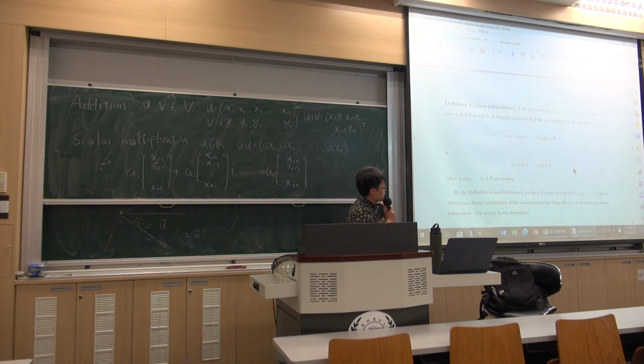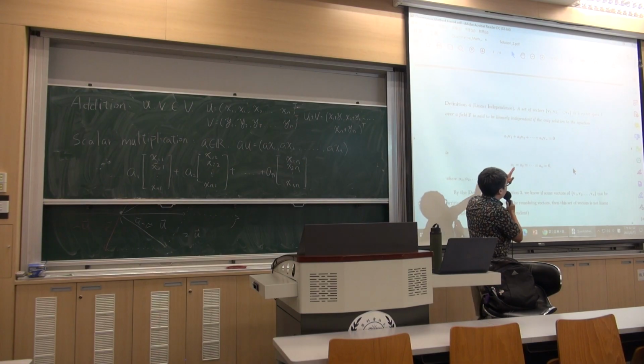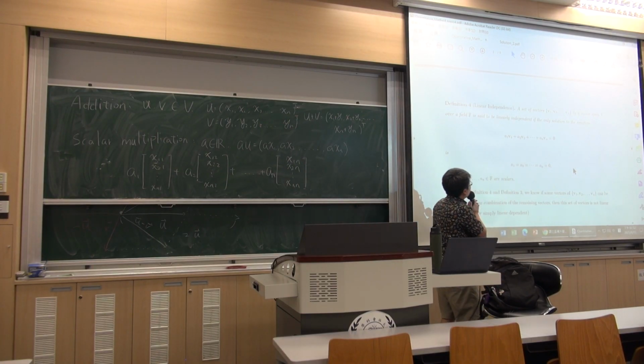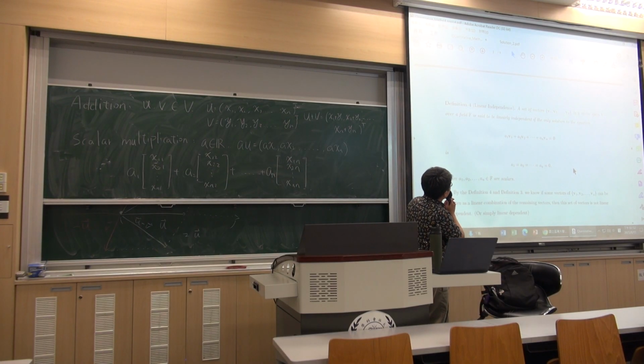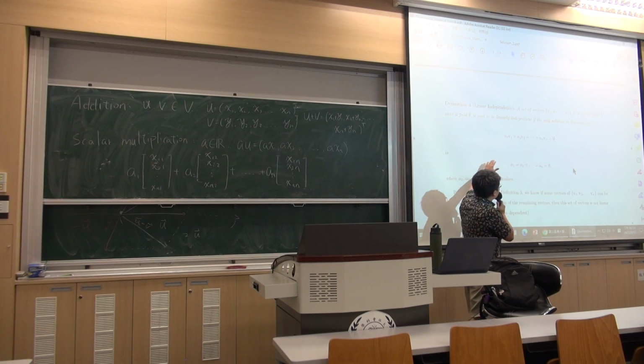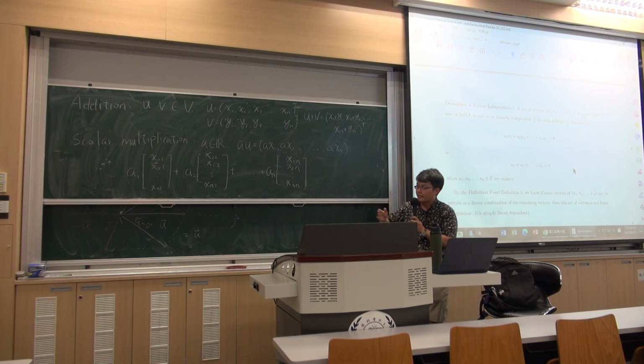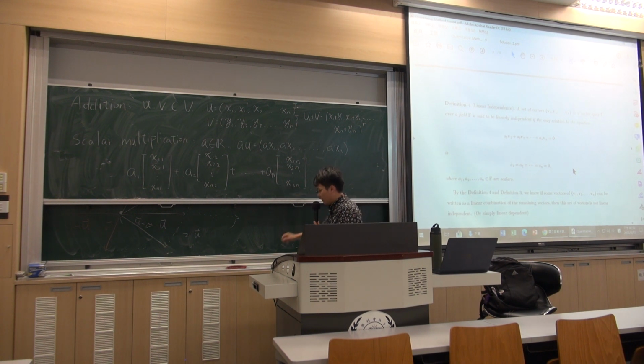And then is the definition of linear independence here. So what is linear independence? If we have a set of vectors, say from V1 to Vn, and we try to solve this equation, meaning that you write down a linear combination like this one and set it equal to 0.